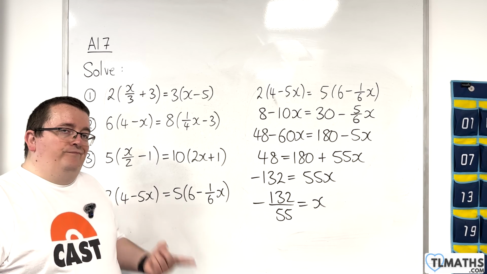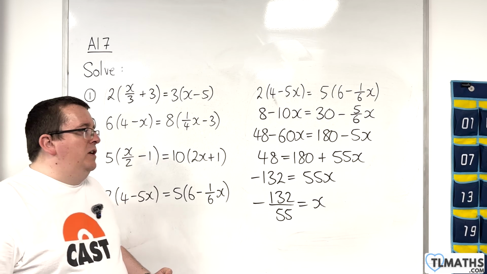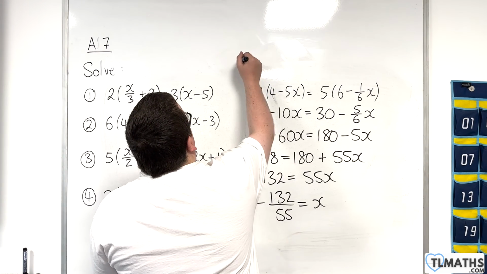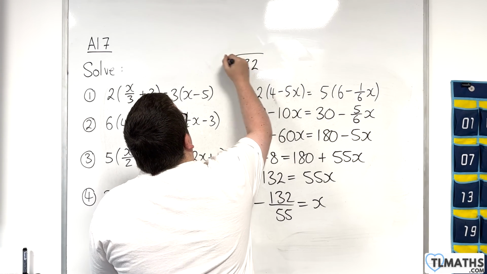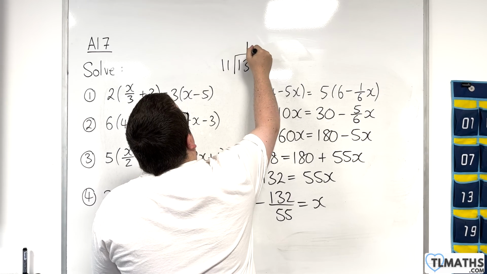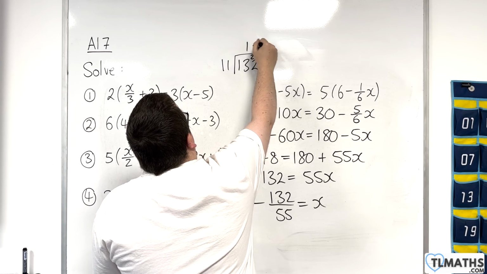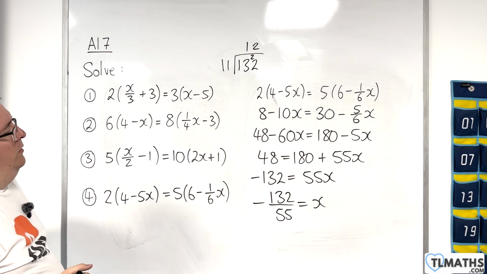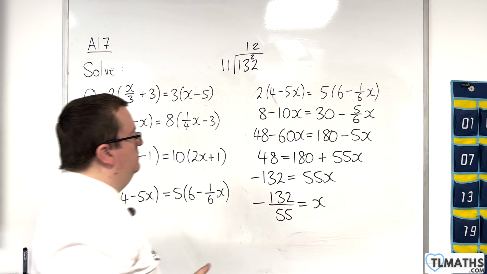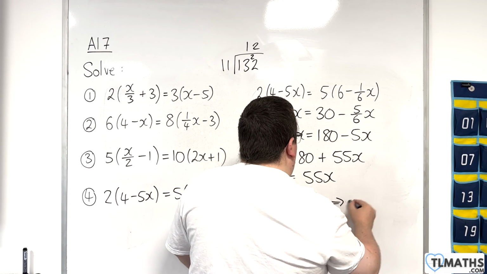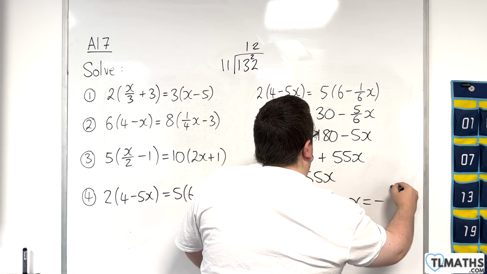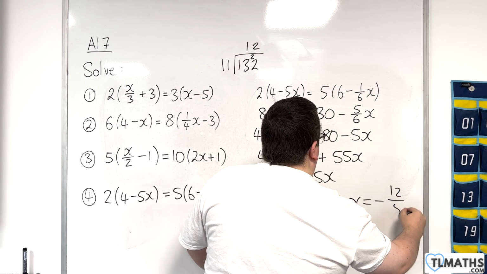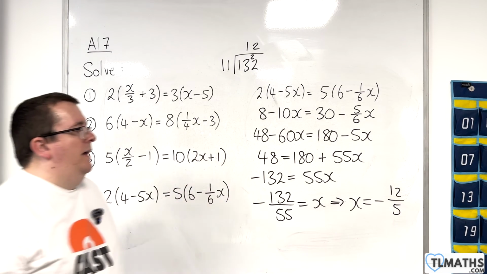Well, 132 divided by 11, 11s into 13 go once, with 2 left over, 11s into 22 go twice, so 12. So 12 lots of 11, so that works out. So x is equal to minus 12 over 5, and that's our answer.